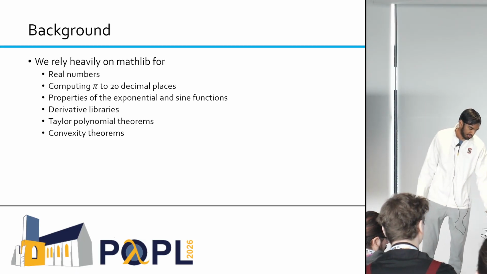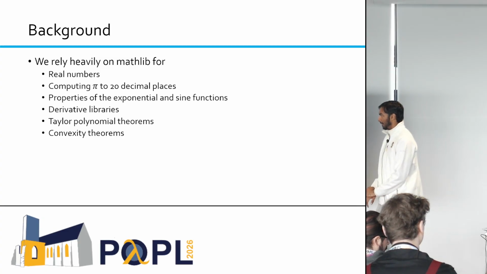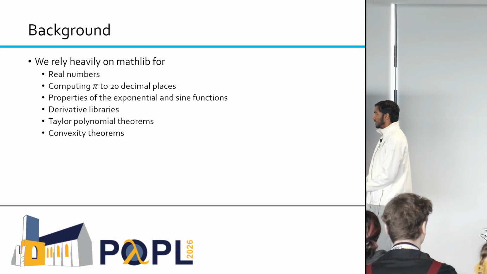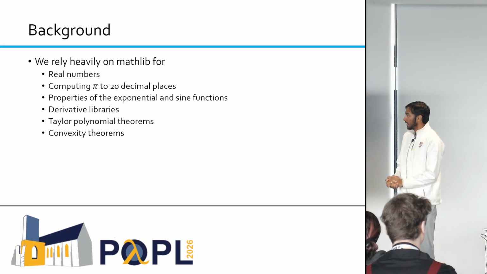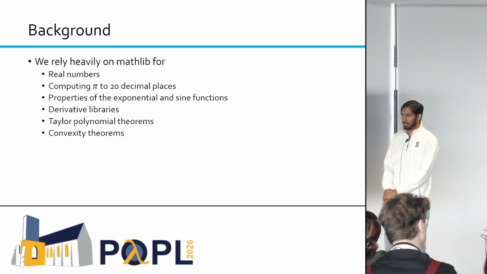Now, the background we use for our formalization relies heavily on Mathlib, mainly for real numbers. We also use a decimal approximation of pi to 20 decimal places, and I'll speak more about that later. We use the properties of the exponential and sine functions.